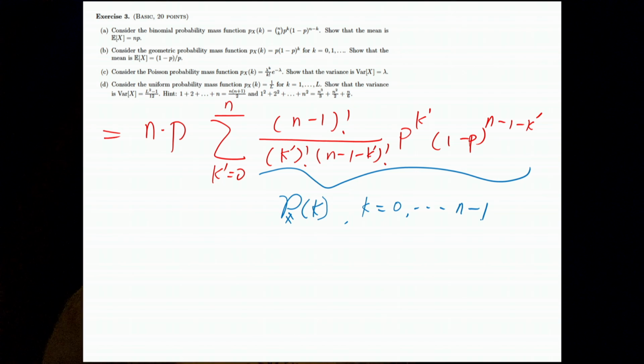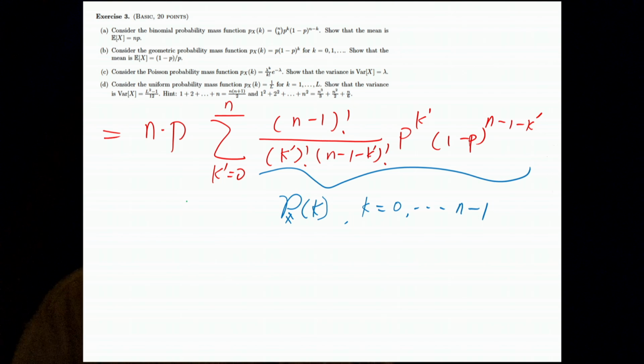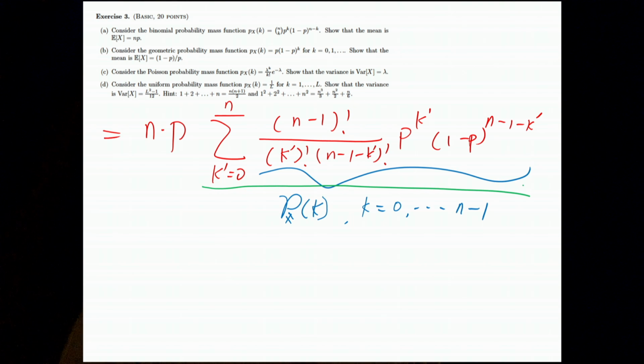So this is a valid PMF. So from the property of the PMF, if I sum all the PMF, this summation becomes 1. So finally, the answer is n times p.